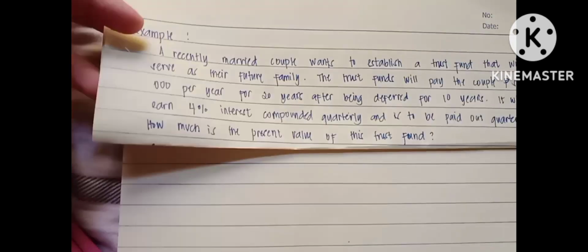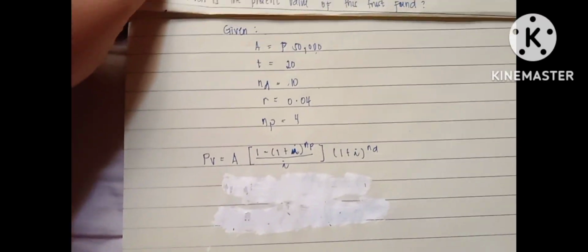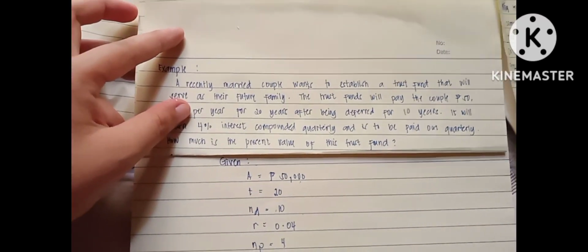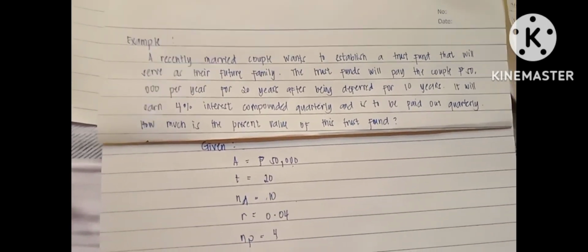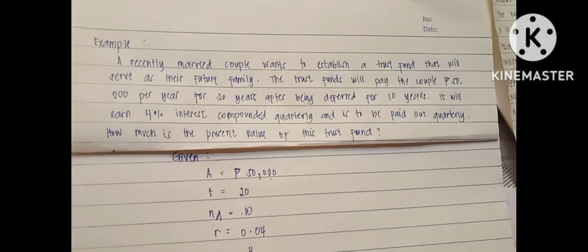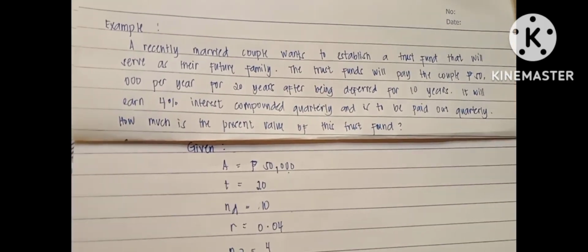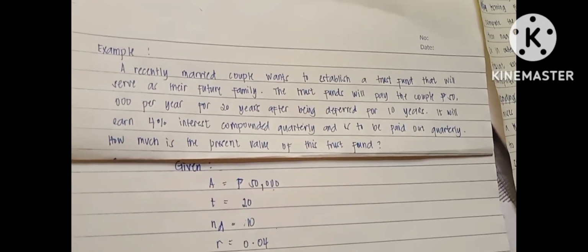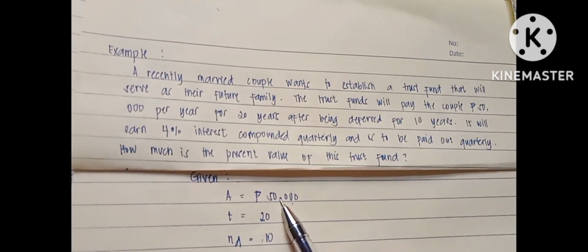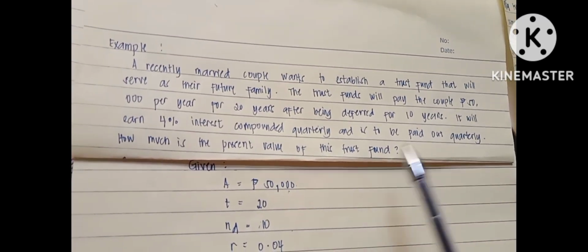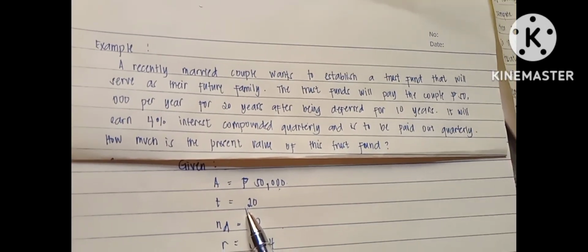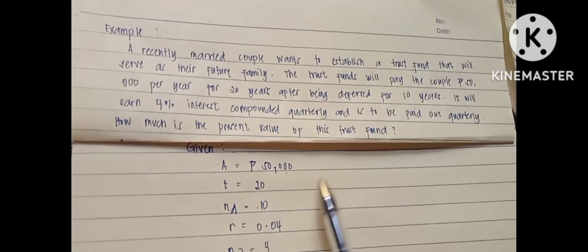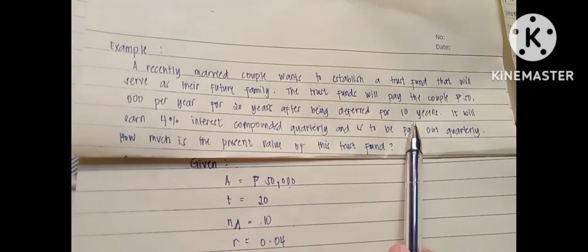So, di ba? Given that ang trust fund is bayad nila og 50,000 pesos per year for 20 years after nila madelay og bayad for 10 years. So, our annuity here is 50,000 pesos. And our time here is the 20 years. And our number of deferred period is 10 years.